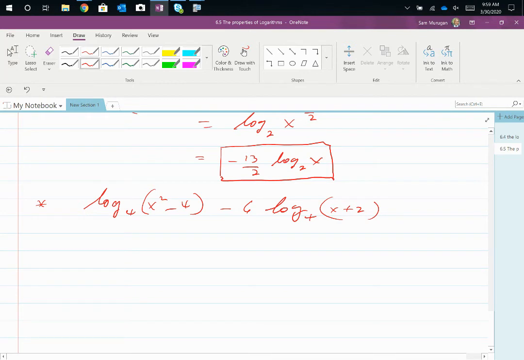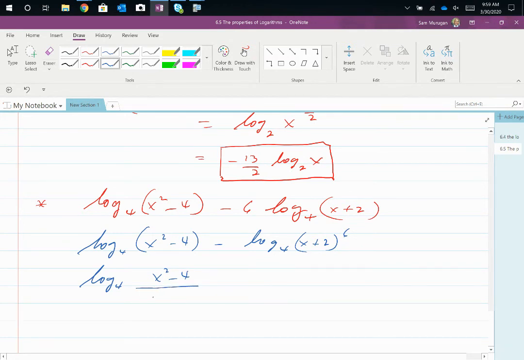So applying the power rule, x plus 2 to the power 6, and then using the quotient rule, x squared minus 4 over x plus 2 to the power 6.